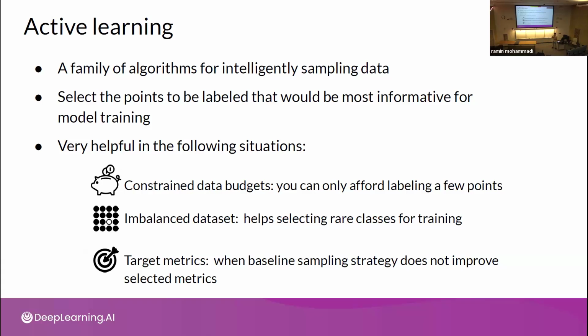There's some sort of intelligent sampling, and you only label points that you are sure are going to improve or boost the model performance. Instead of labeling everything, focus on the worst case for your model, something that if you improve it, it already boosts maybe the region or the neighborhood of other points for your model.